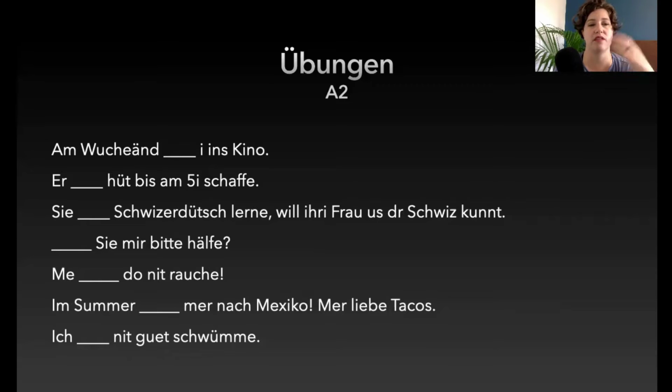That all means: at the weekend, go to the cinema, go to the movies. I don't know. He works today till 5 p.m. She learns Swiss German because her wife is from Switzerland.